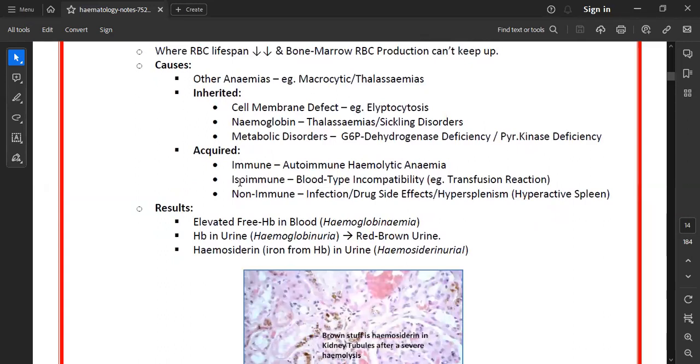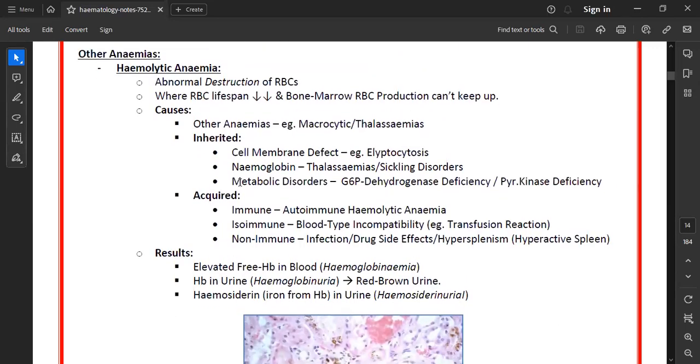Hemolytic anemia can also lead to red-brown urine. It can be due to other conditions that are parasitic, something like schistosomiasis, bilharzia, or even malaria. These ones also lead to hemolytic anemia.